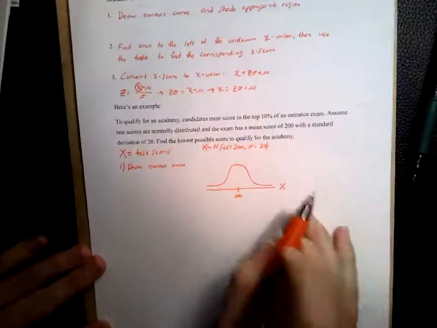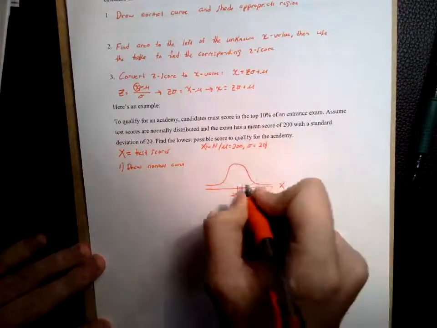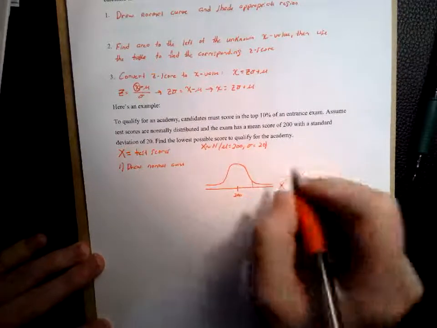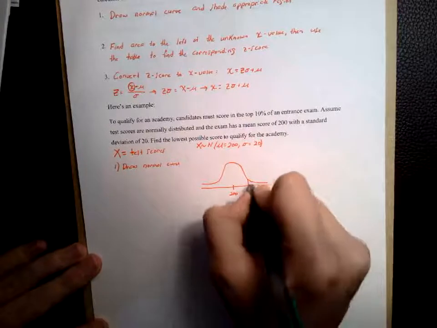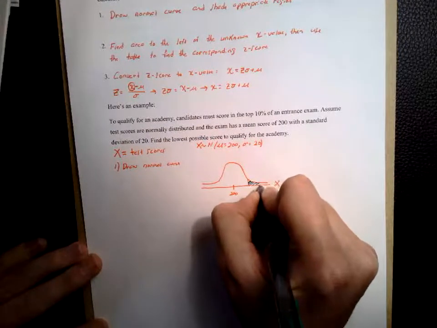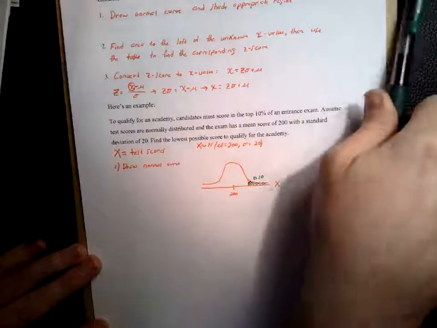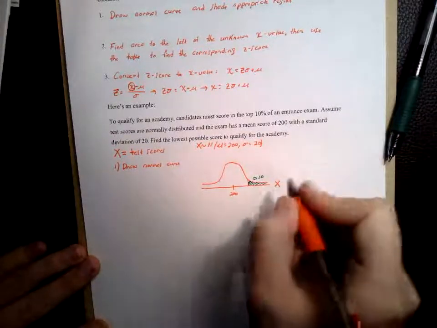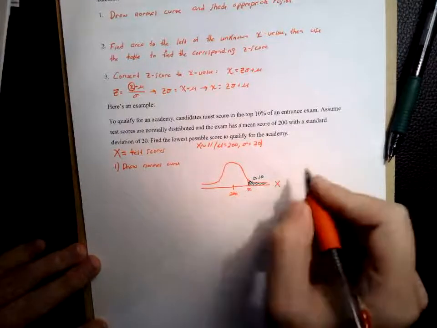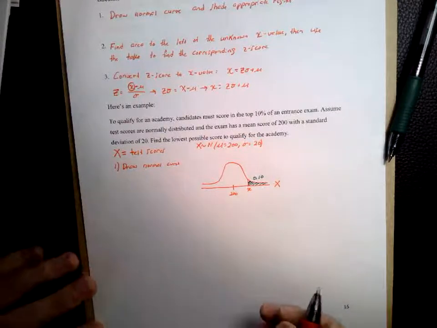And it says I need to score in the top 10% in order to qualify for the academy. So the top 10% means I need to score right here such that the area to the right of me is equal to 10% or 0.10. So that value here is x, the unknown value we're looking at.